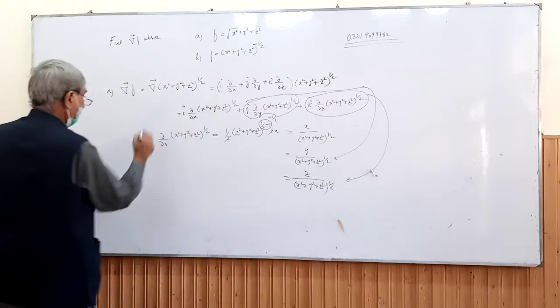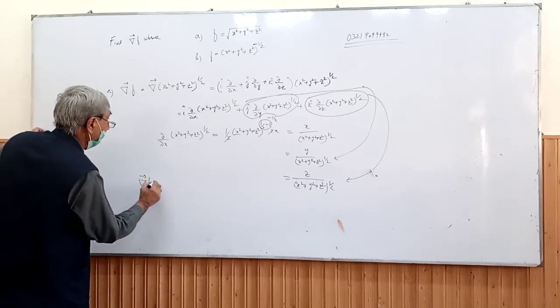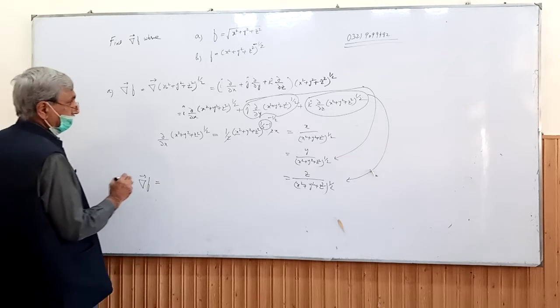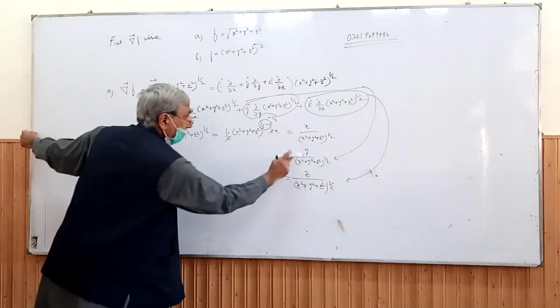Now if I put it here, then I have del f, gradient of f, is equal to this quantity, and that will be common.